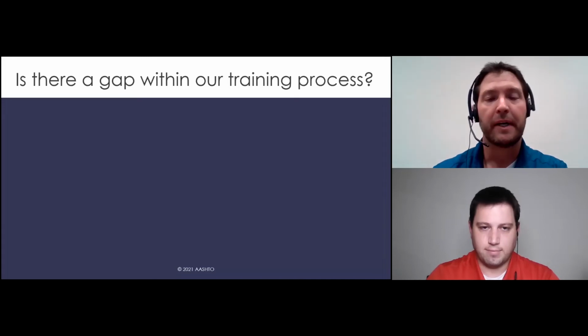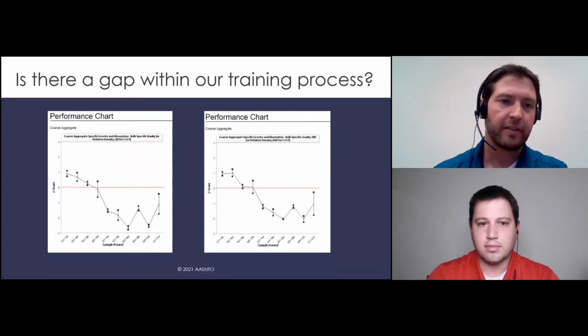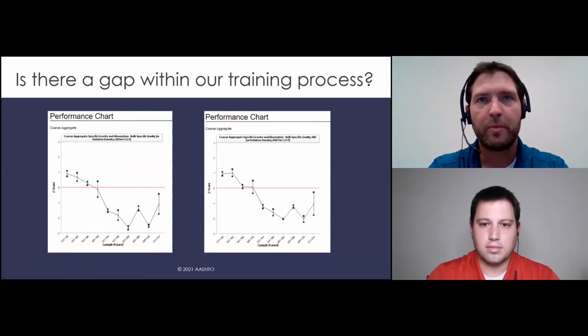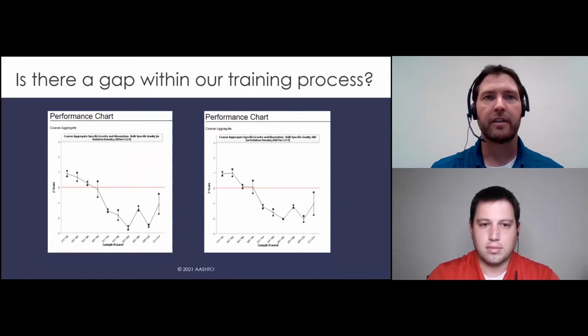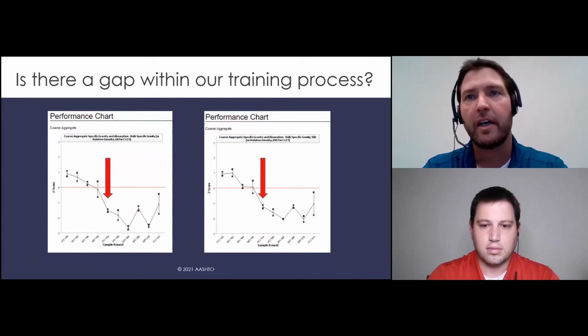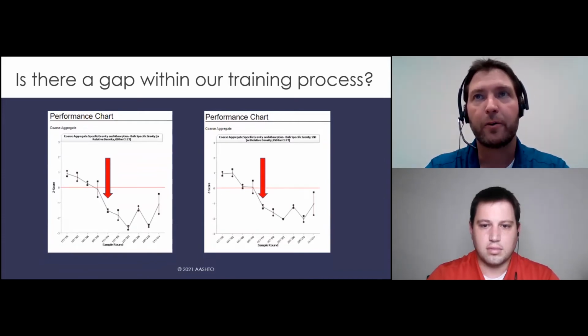Appreciate that. Thank you. So now we're going to talk about gaps in training processes. Is there something going on where we hired a new technician, or we made a change to our quality manual? You can see here in these charts, between samples 189 and 190 and 193 and 194 with our coarse aggregate, something changed. We still have decent ratings.